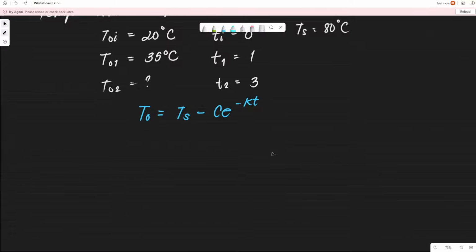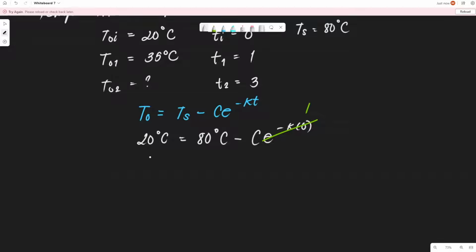Let's solve for C first, using the initial value. We have 20 equal to 80 minus C e raised to negative k times 0. Obviously, this exponential is just 1.